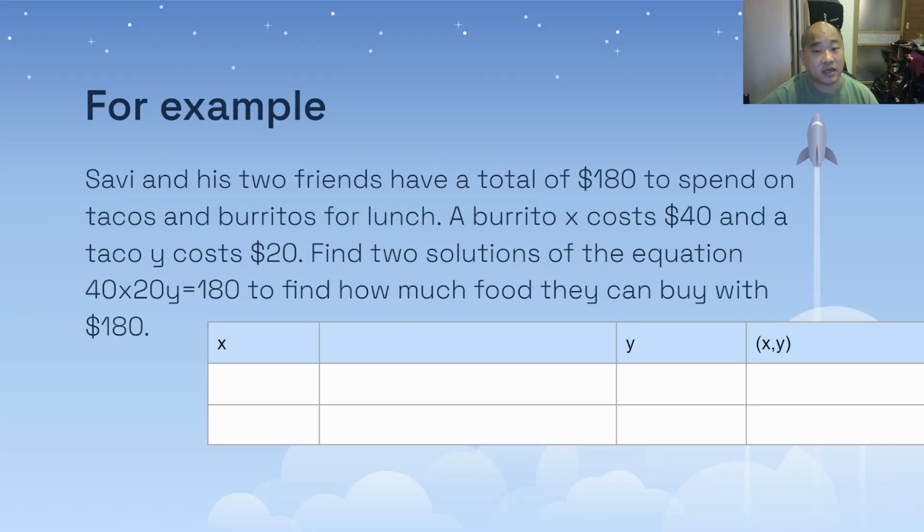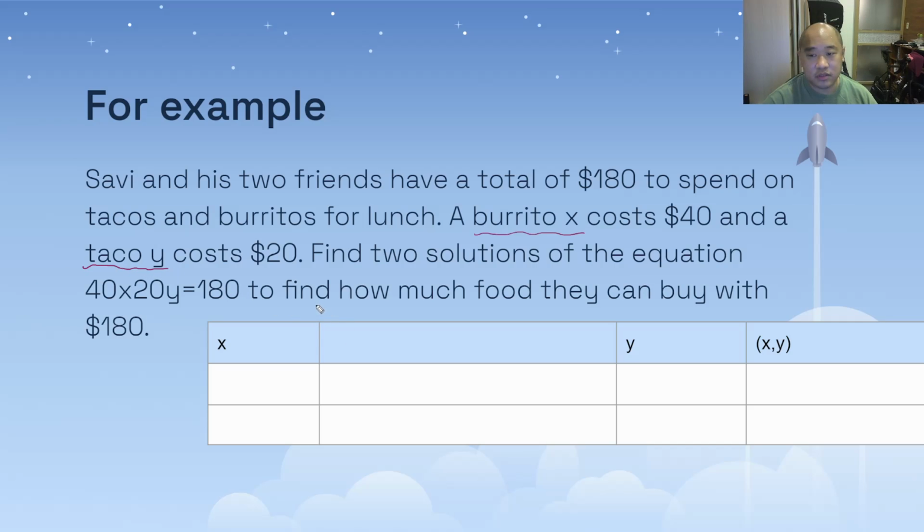Okay, so let's say Savi and his 2 friends have a total of $180 to spend on tacos and burritos for lunch. Yum. I like burritos and tacos more than I like bubbles. A burrito X costs $40 and a taco Y costs $20.